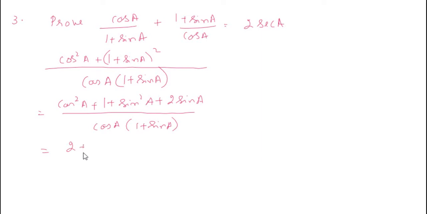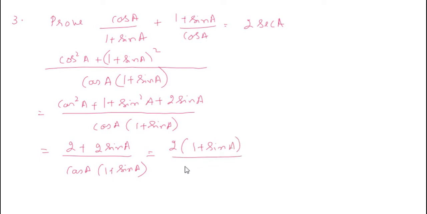So this is 2 plus 2 sin A divided by cos A into 1 plus sin A. Let us take 2 outside here. So it is 1 plus sin A divided by cos A into 1 plus sin A. These two get cancelled with each other. So this is 2 into 1 by cos A, that is secant A.